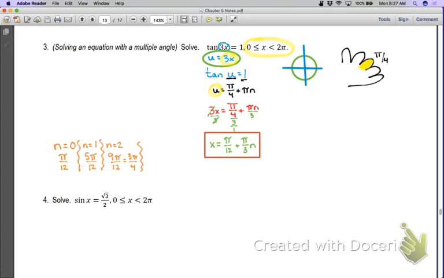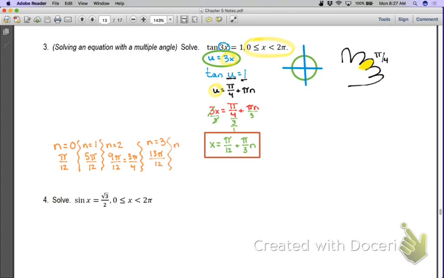Basically, I'm going to keep plugging in values for n until I get either 2 pi, or I find a number that's bigger than 2 pi, or 24 pi over 12, or whatever value I'm looking at. In this case, there are 6 different values, because if I let n equal 3, I'm going to have 13 pi over 12.